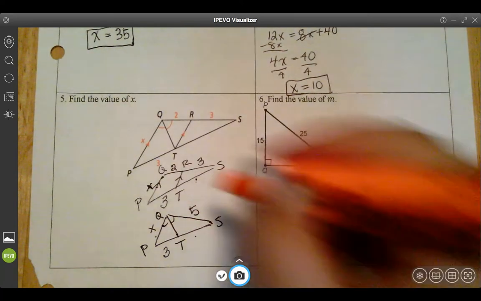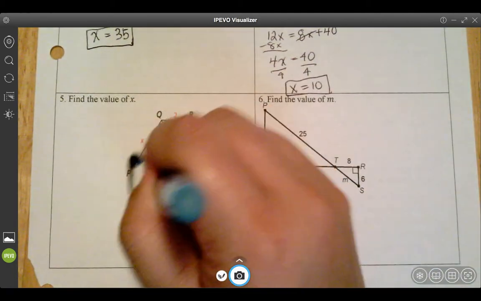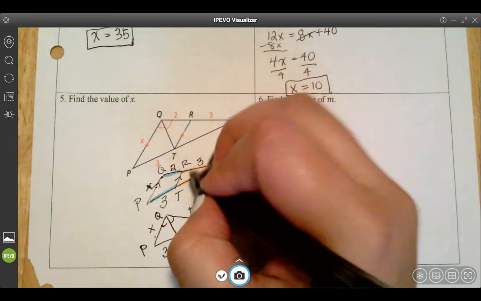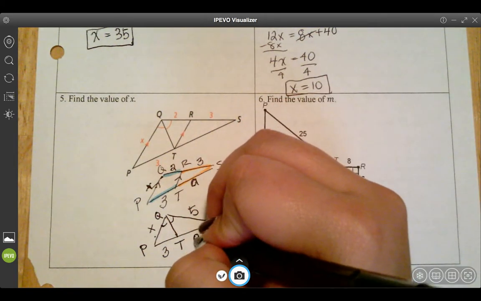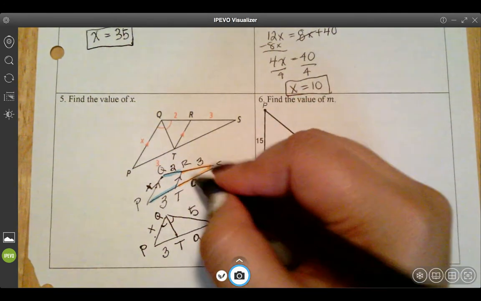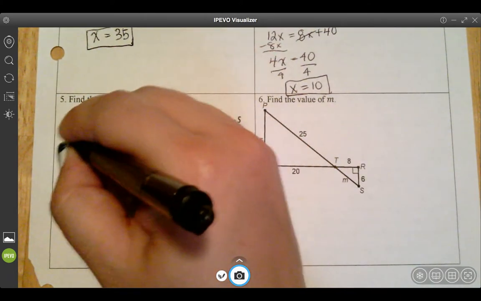So if I say here's orange and here's blue, my proportion, let's call this A. I'll do blue, orange, top and bottom.